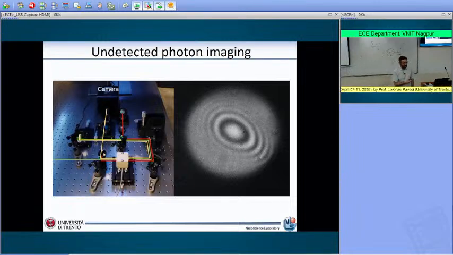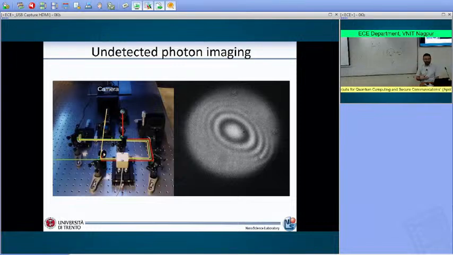We are looking at the yellow photon. And what we see is that the properties of the yellow photon are changed because what we are changing is the properties of the red photon. And so we are looking at an object by using photons that have not interacted with that object.